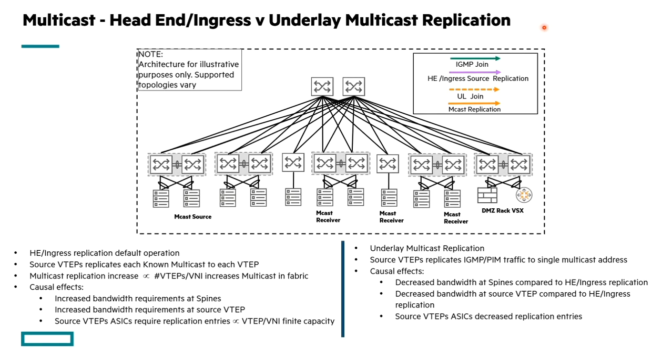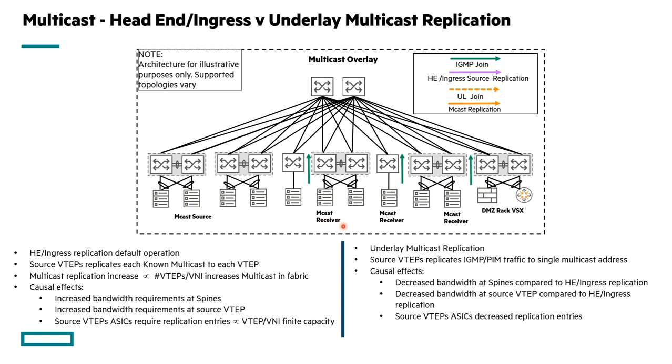Now let's look at head-end ingress versus underlay multicast replication. And we'll do this by looking at this topology and then reviewing some of the salient points. First of all, looking at head-end ingress replication, which is the default operation. We have multicast configured in the overlay of this fabric.